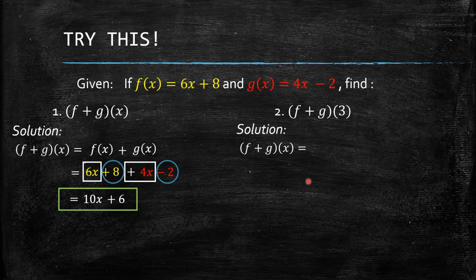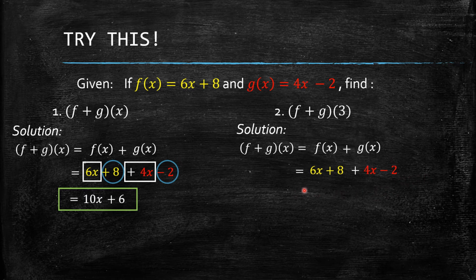For number 2, same, to get the sum of the functions, we will just have f of x plus g of x. Next is to substitute the values of f of x and g of x. So we have our f of x is 6x plus 8 plus our g of x is 4x minus 2.